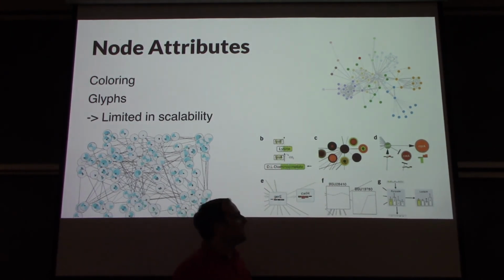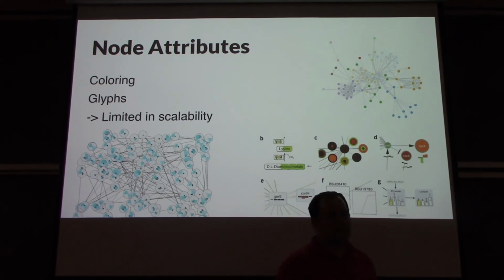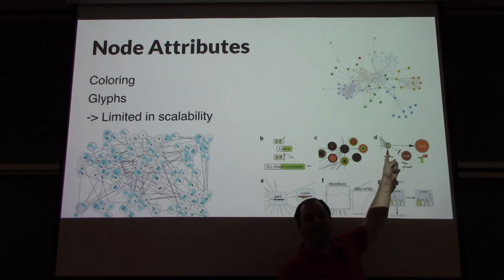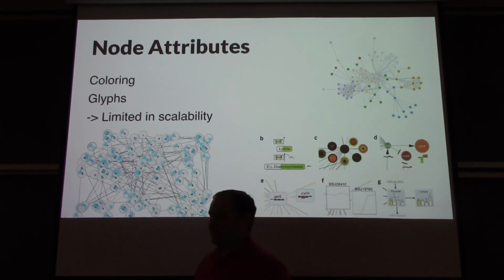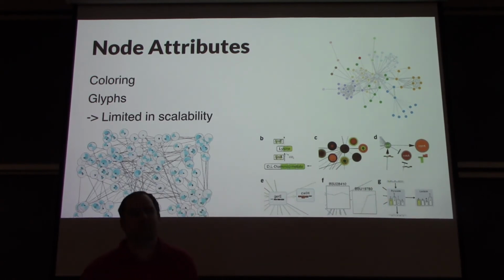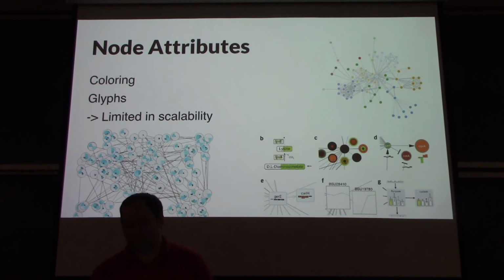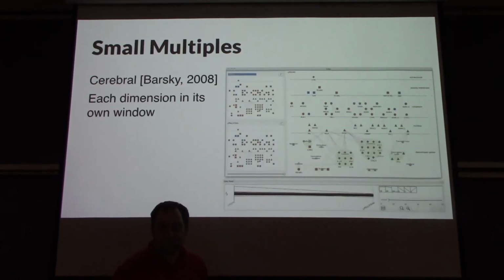All of those are limited in scalability. I think it works well for certain classes, like in this example above, where I have a limited number of classes. I can use node color to show that. But if I want to show a larger vector of data attributes about a node, it gets really tricky.